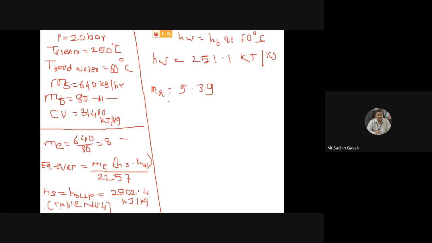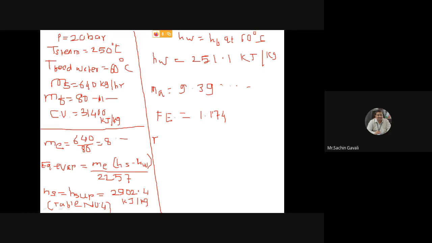Then the factor of evaporation, Fe, I will write: it is 1.174. The unit is kg of steam divided by kg of fuel, and for this there is no unit.